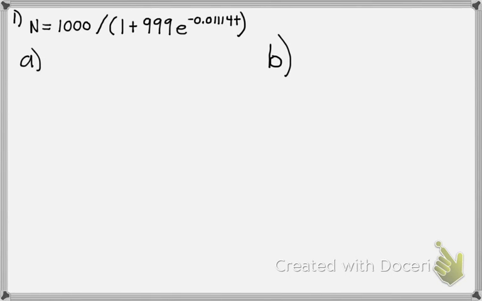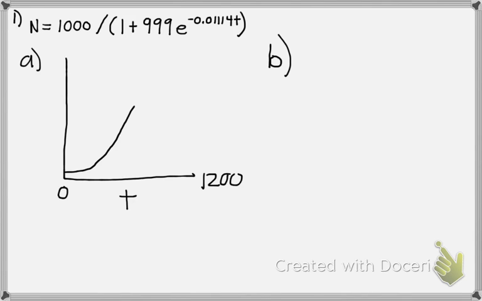On number 1, they want us to graph the logistic function over the first 1,200 days. So our graph over the first 1,200 days is going to look like, if you type it into the calculator, and make sure to use parentheses around the denominator, then it should look something like this.